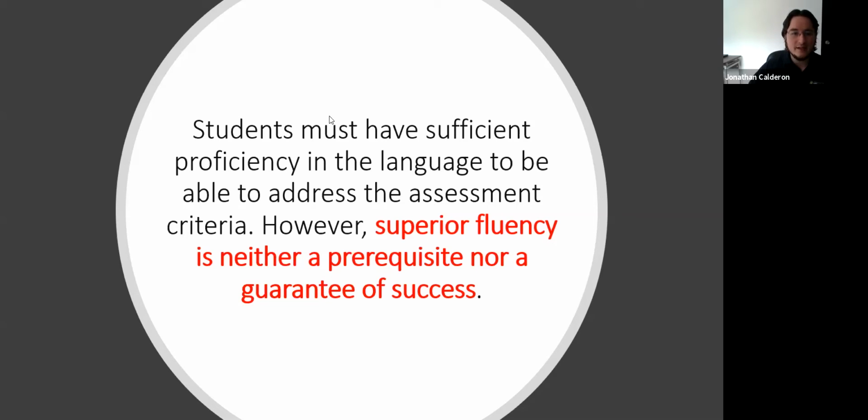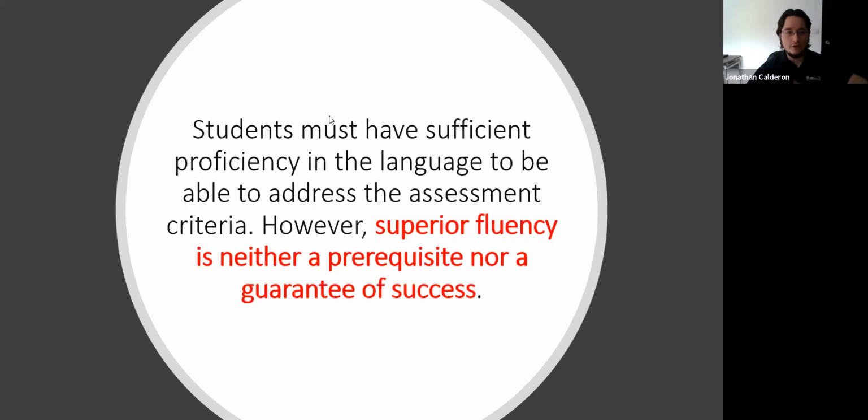This person could be a native speaker studying here in Costa Rica, and he or she says, okay, I know English and I'm going to write it in English, that does not necessarily mean that he or she is going to get a good grade, because it's not about the language. Okay, we're going to see that in the assessment criteria, there's not even a criteria related to language. So it's not about the language, it's about the analysis, it's about the production, the interpretation of the events.